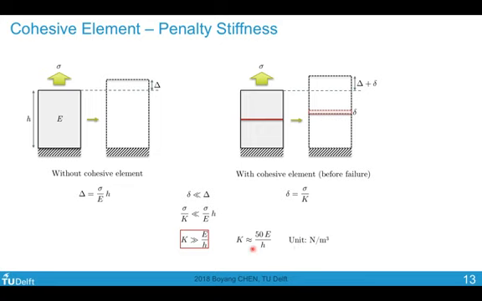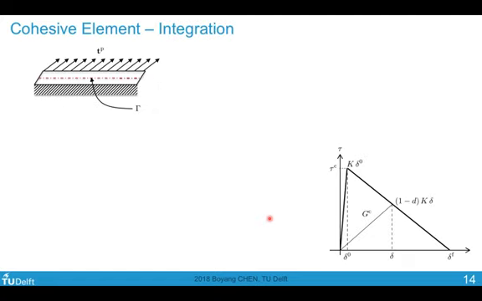This is because K, although it's called the penalty stiffness, it actually relates traction with separation. Separation has a unit of length.